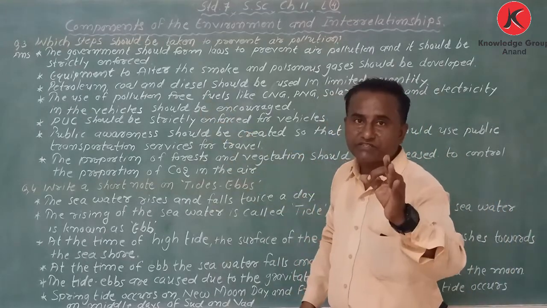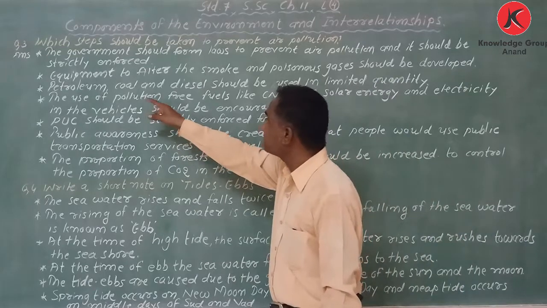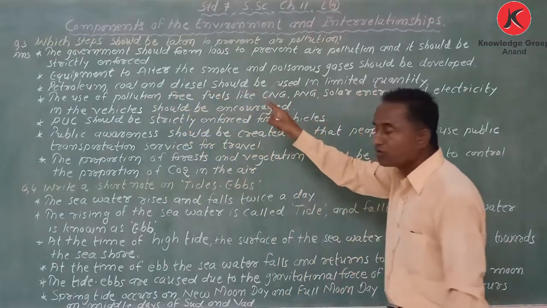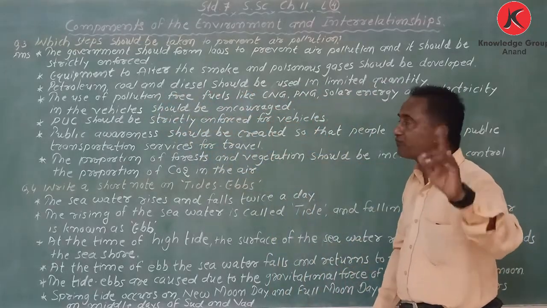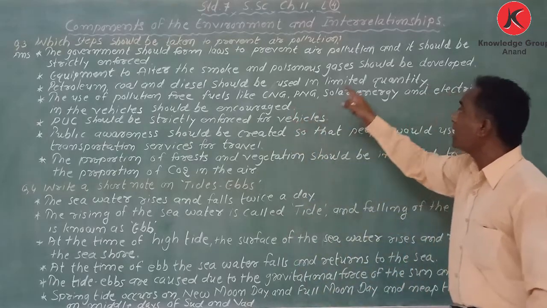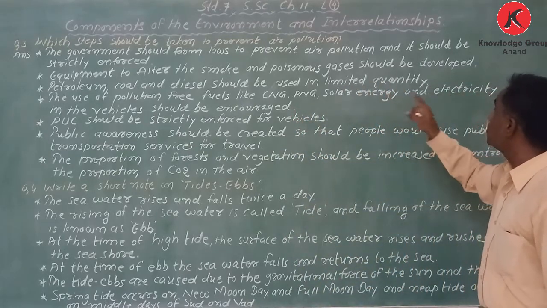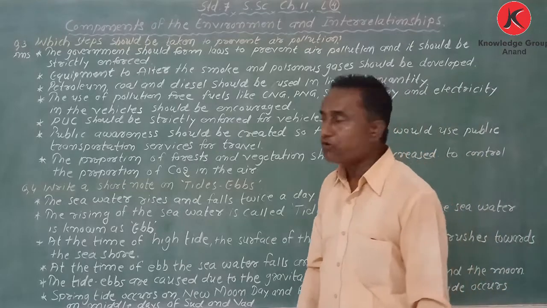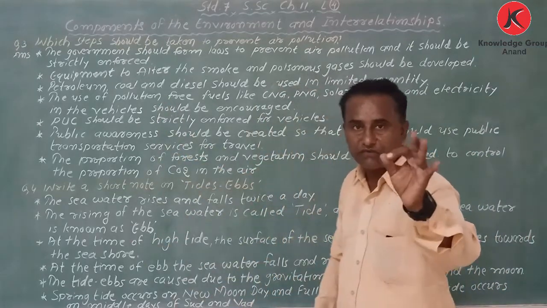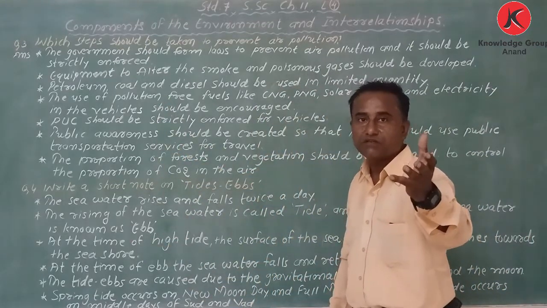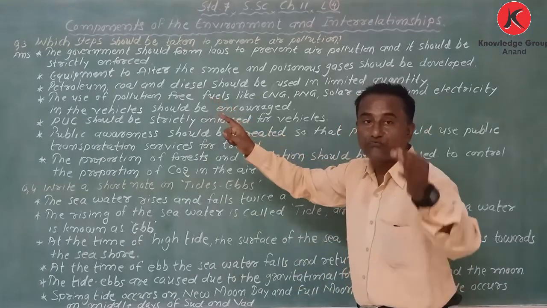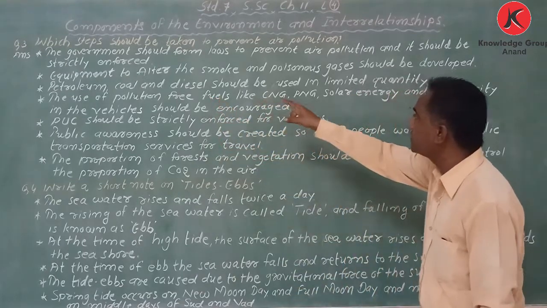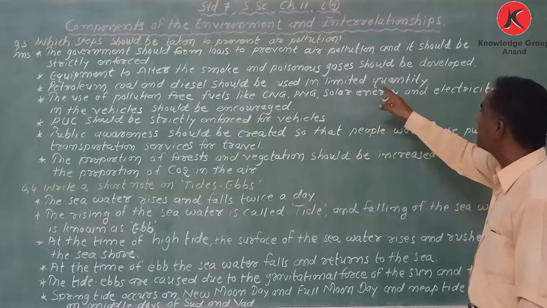Second, equipment to filter the smoke and poisonous gases should be developed. What is equipment? It means the means to filter the smoke and the poisonous gases.